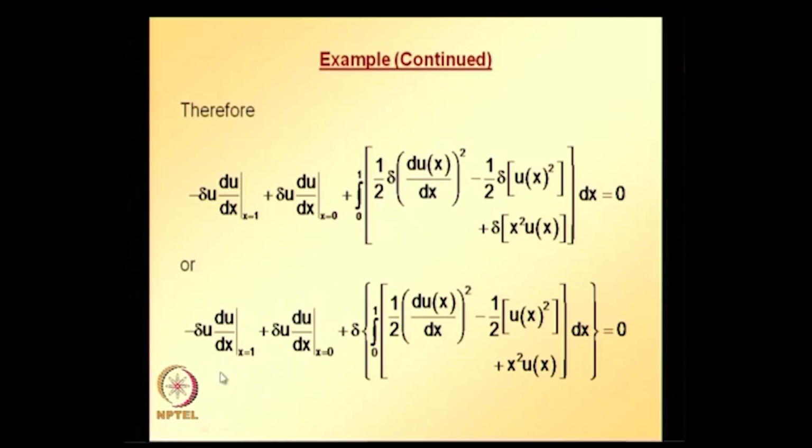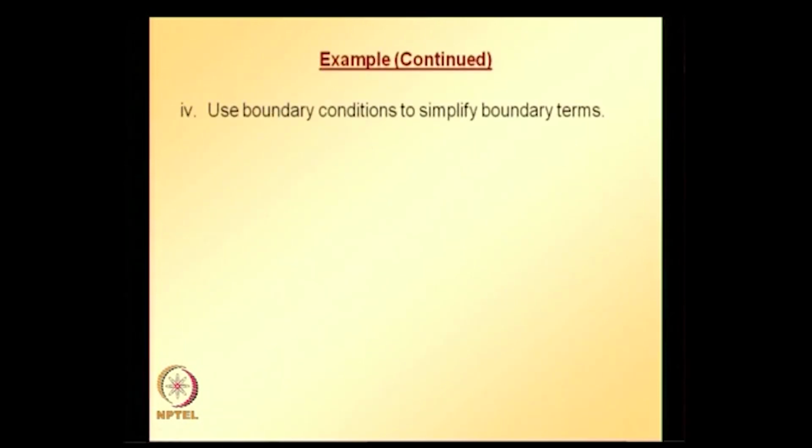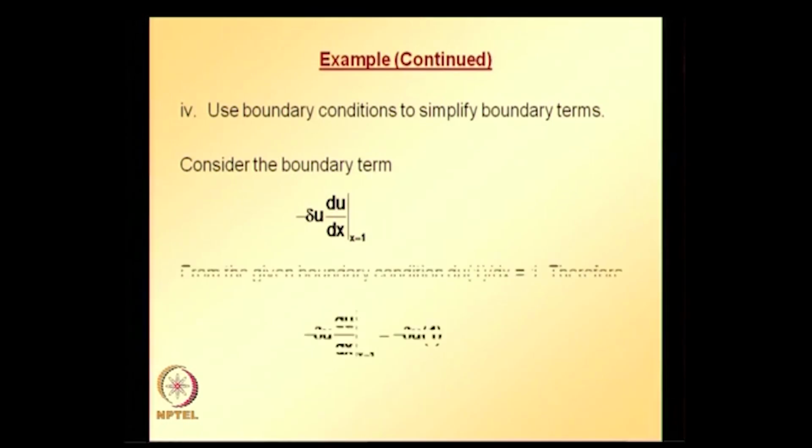Let us see how to cancel these first two terms. To cancel the first two terms we use boundary conditions, and if you see the first term, this is the term that you have, and already natural boundary condition is given at this point, that is x is equal to 1.